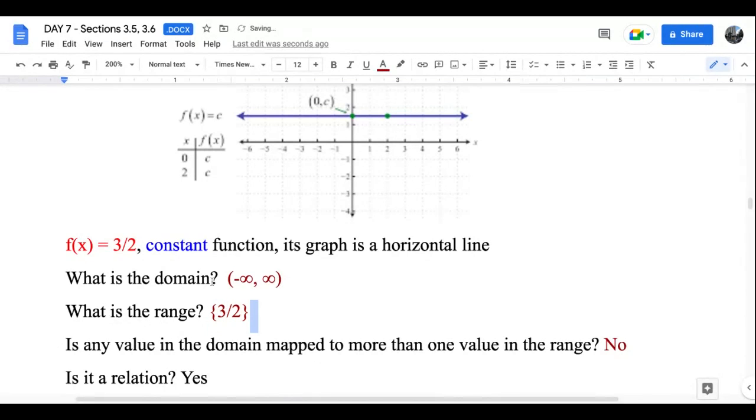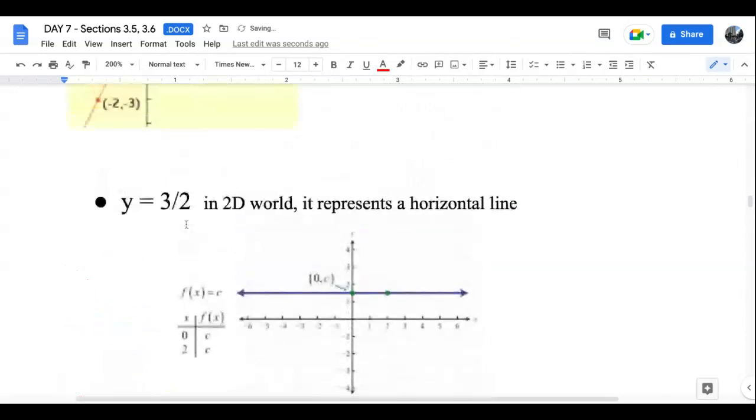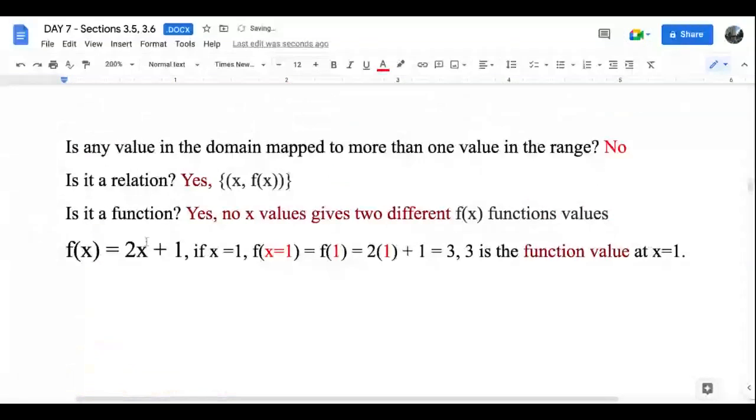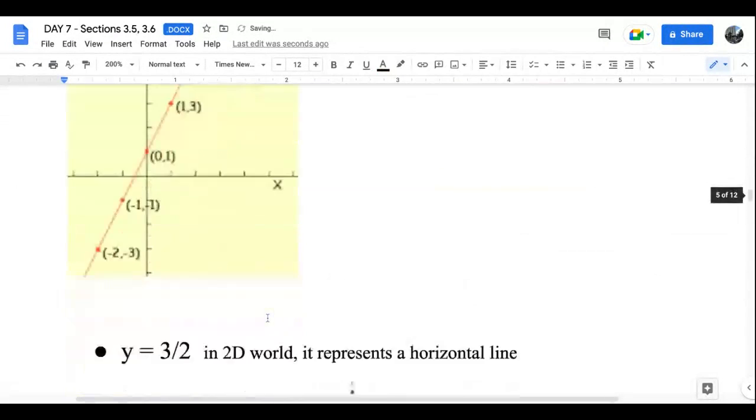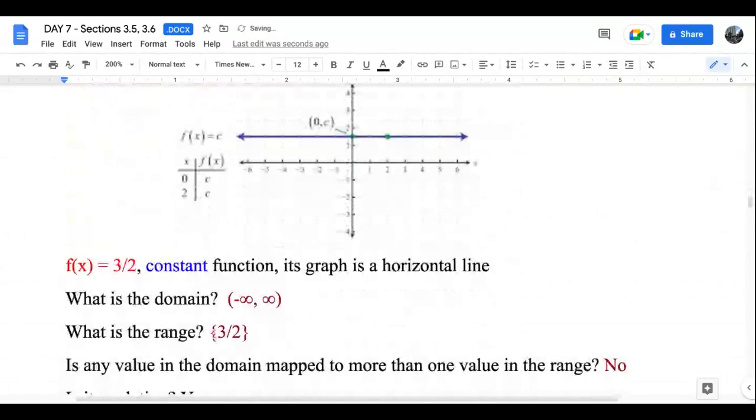Only 3 halves. Because constant function is only one value. Doesn't have x. Doesn't depend on x. Different from this one. This one, what's its domain? All real numbers. What's its range? All real numbers. But for this one, the domain is all real numbers, but the range only has one value.